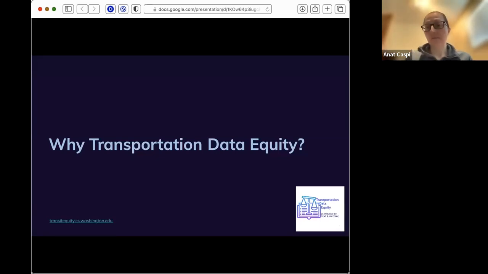So first we'll talk about just motivations of why our project is needed out there. I mean, there's so many different actors out there that are providing transportation data in general. And one of the best known transportation data specifications is GTFS.